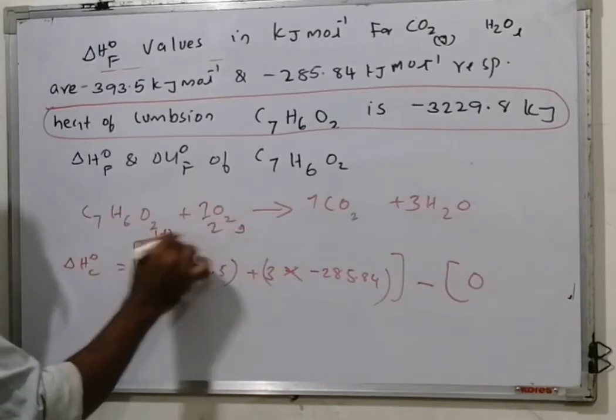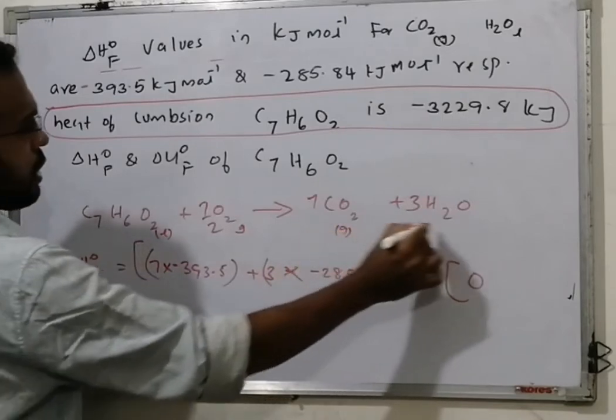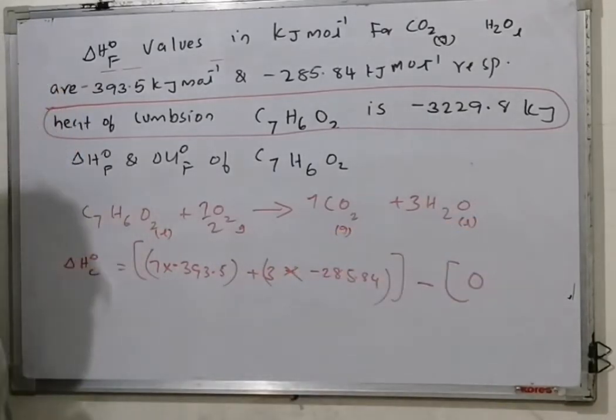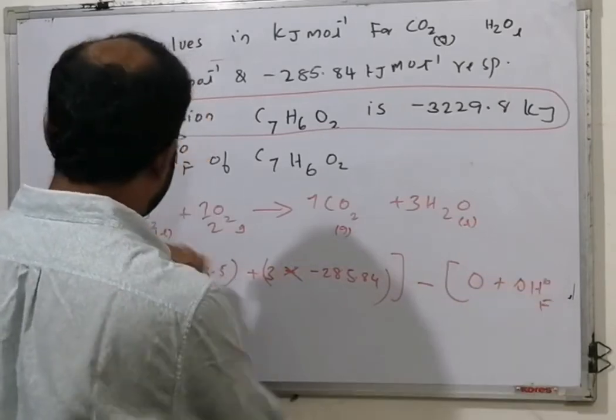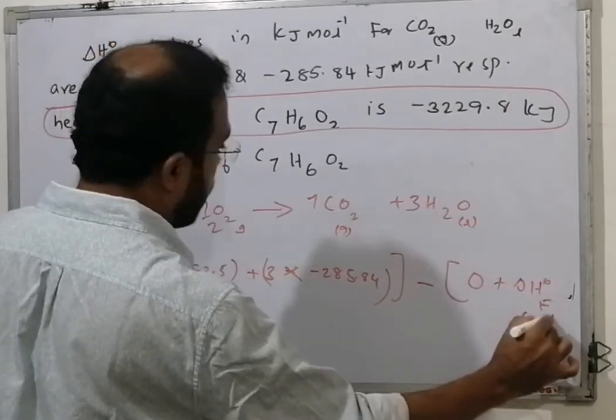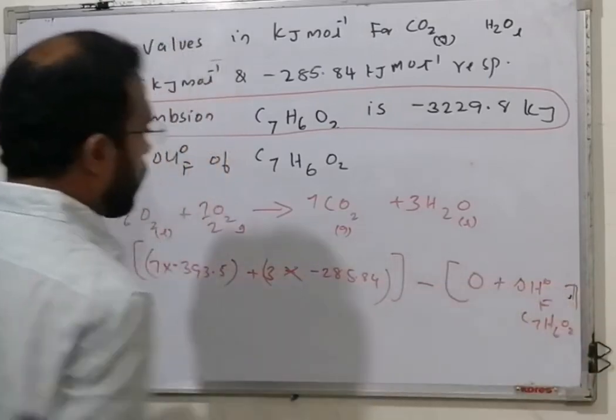Okay, this is liquid, this is gas. You don't know what is this delta H0 formation of C7H6O2. This is what you want to calculate.